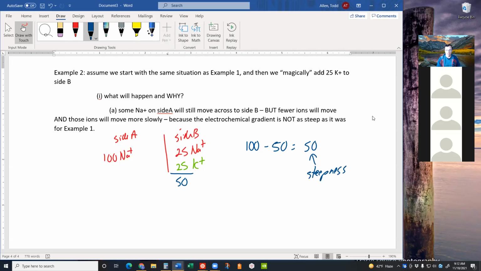So let me ask you in the chat window, which hill, example 1 or example 2, has the greater membrane potential?